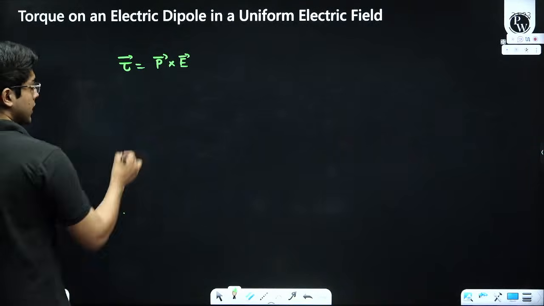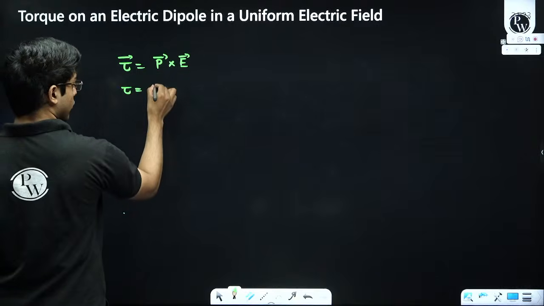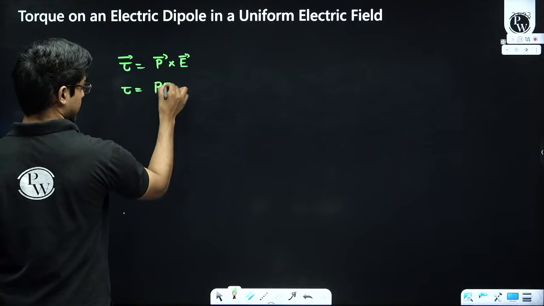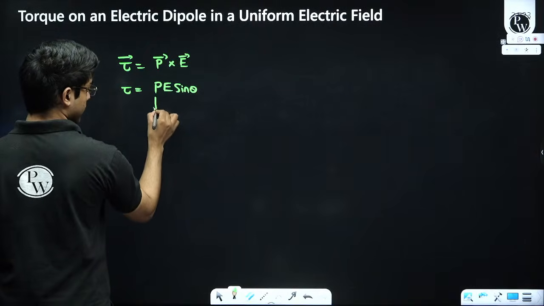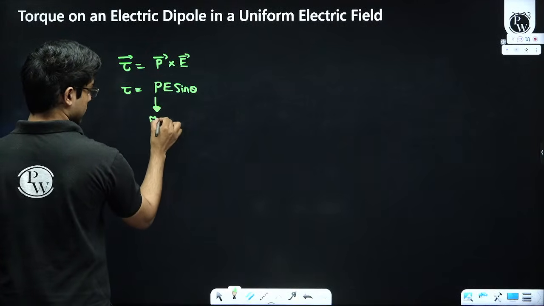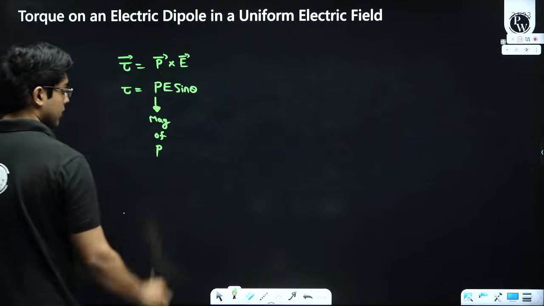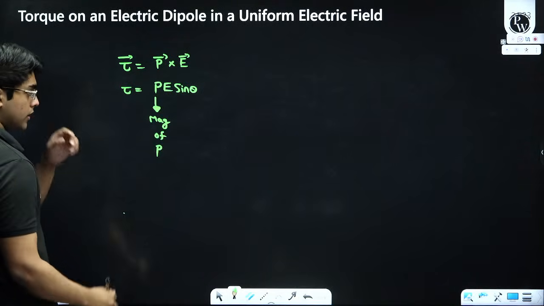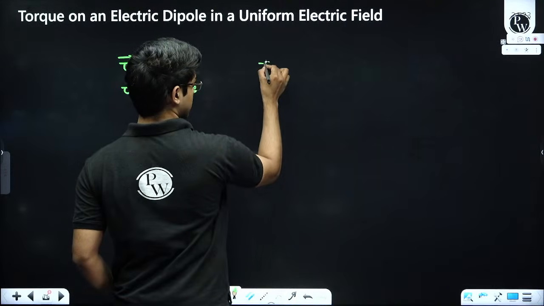So in the question that you're talking about, if you want the torque, it is the magnitude of the cross product, which is PE sine theta. You can find the magnitude of the dipole moment, which is the formula we looked at, right? Q into 2a, or Q into the distance between the charges.